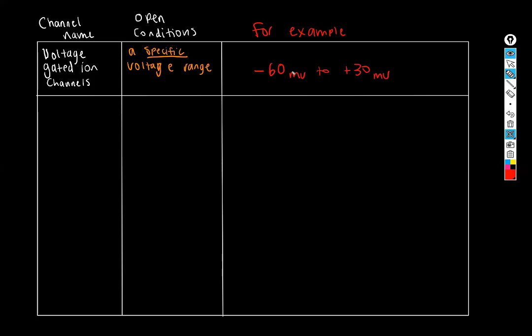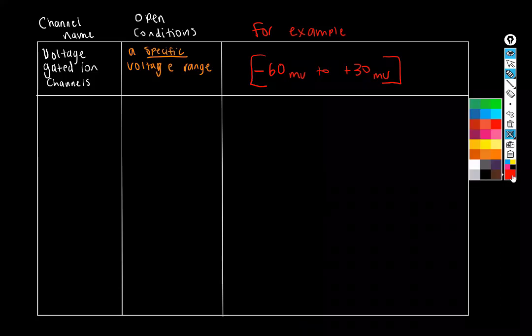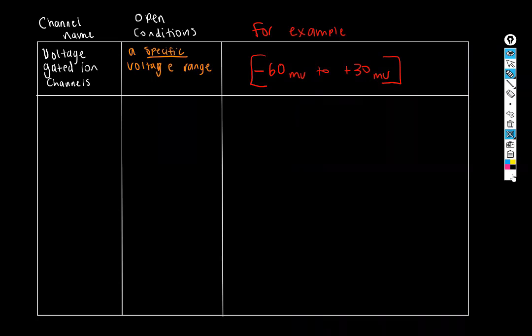So in this case, this is sort of the Goldilocks range of voltages for a specific channel to be open. And at any other voltage, it closes. So this gives us, and I'm going to write this over here in a little asterisk, all or nothing.